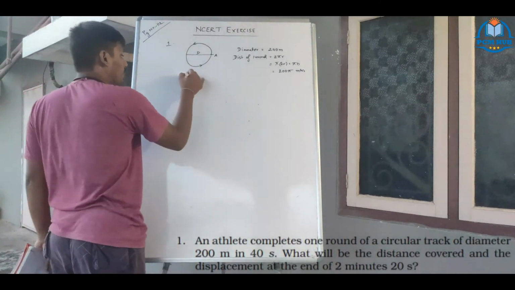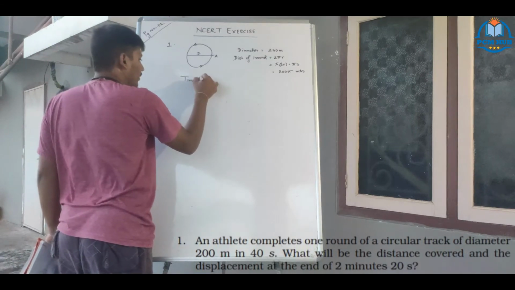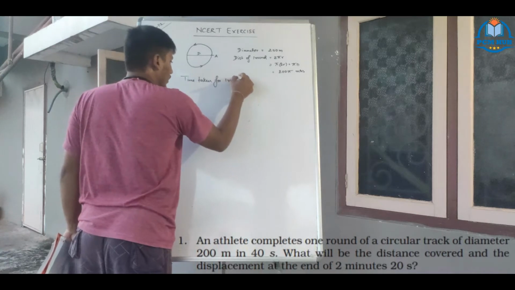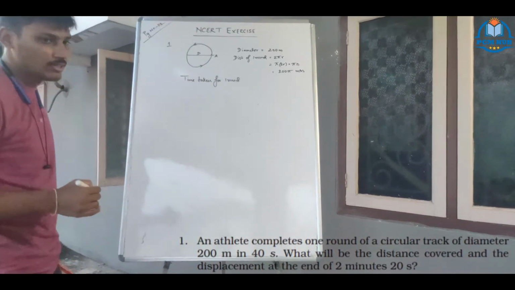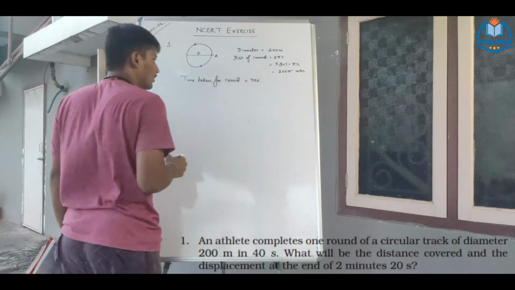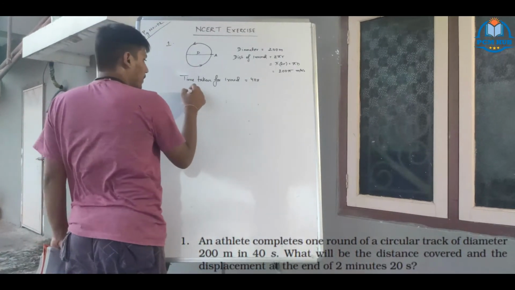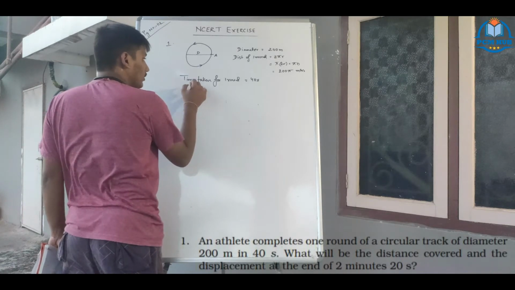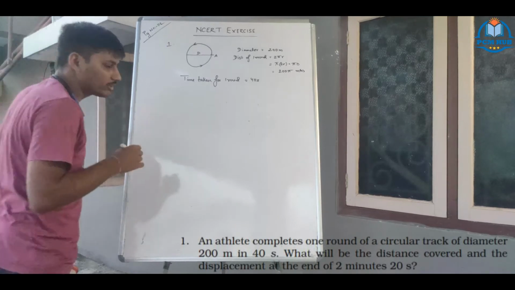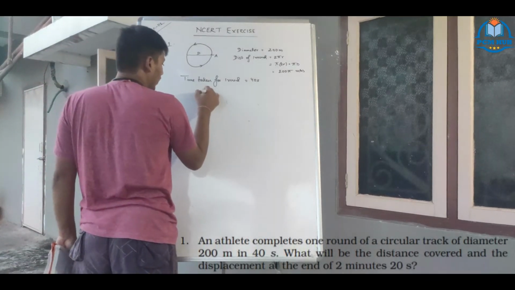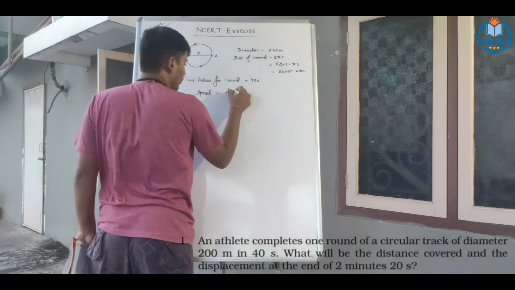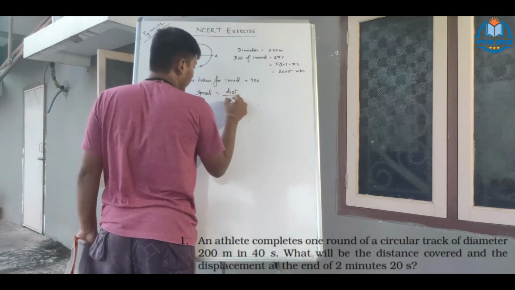Next, what is the time taken for one round, starting from A and coming back to A? For one round, how much time is he taking? 40 seconds. So what is his speed? Speed is the distance travelled per unit time taken.